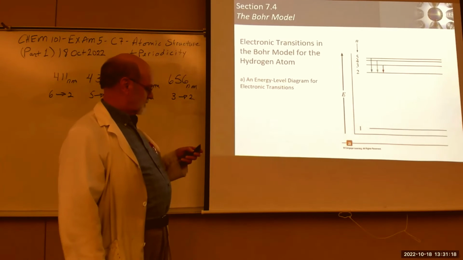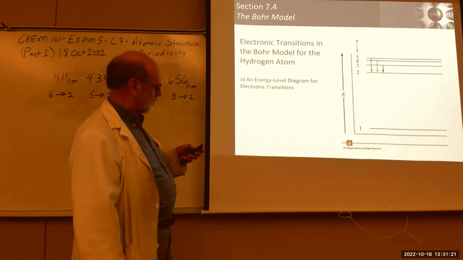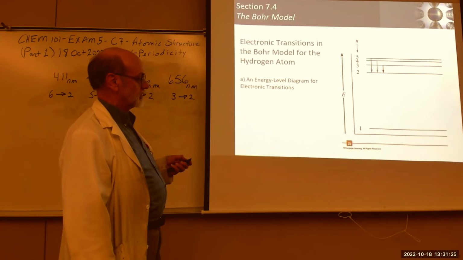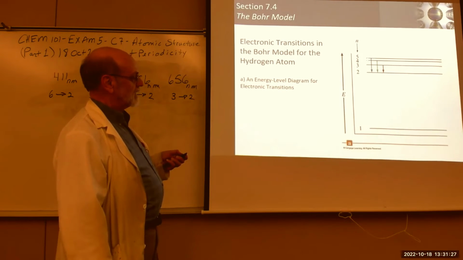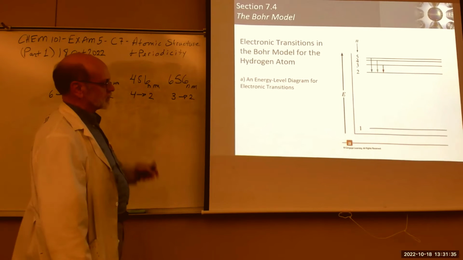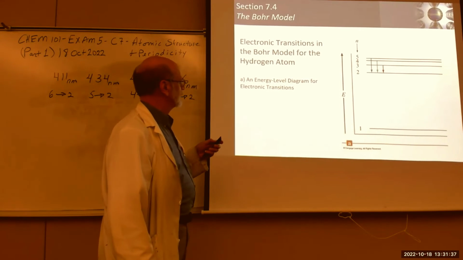So here's an energy level diagram like the one we saw before, only this one is a little more accurate, I think. The jump from 1 to 2 is huge. And they only show three of the wavelengths here, 5, 4, and 3 to 2. They don't show 6 to 2.